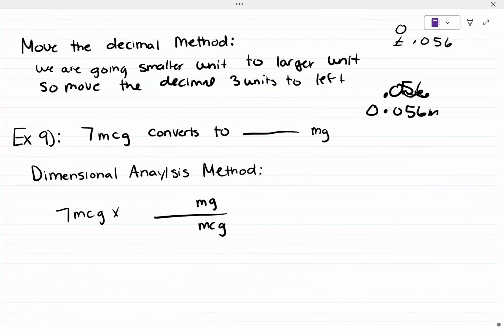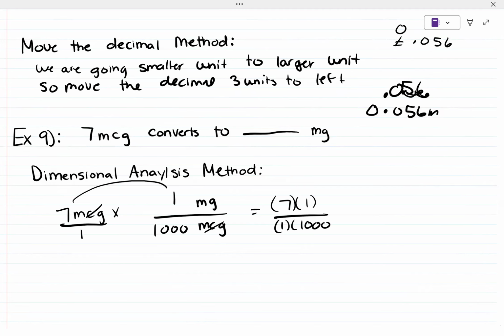So we know that for 1 mg, there's 1,000 mcg, and then put a little number on the bottom. And then as you can see, the mcg cancels. So 7 times 1 is 7, and then 1 times 1,000 is 1,000, and then your units will be mg.